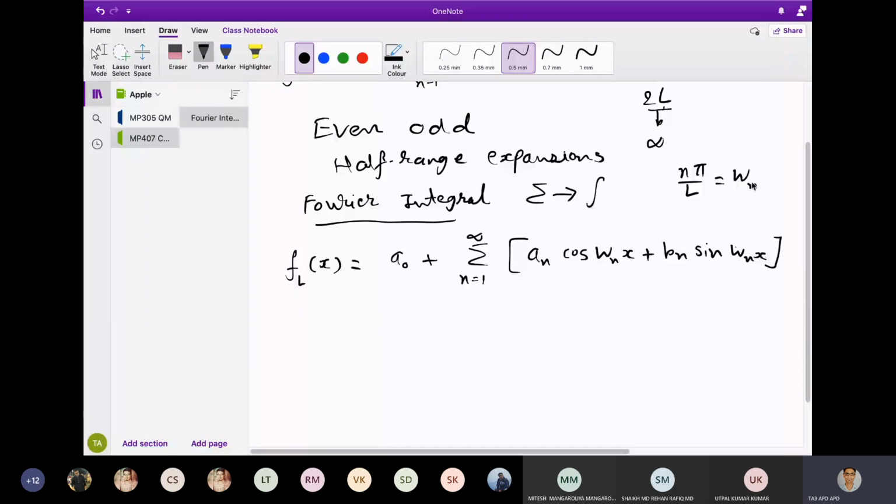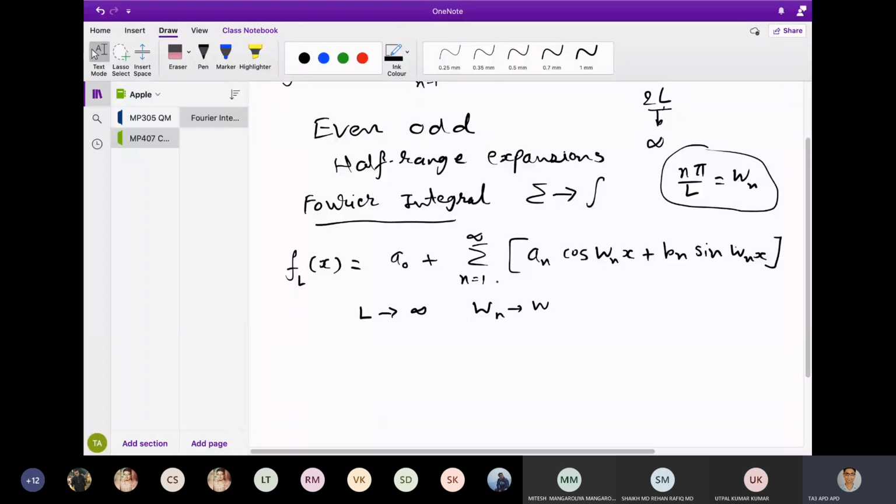Where you have your period, which is n pi by L, defined by this parameter w n. So as you take this L to infinity, w n is not just restricted to the n values like w1, w2, w3, but it will cover the whole range. So w n is ultimately going to turn into a continuous parameter instead of a discrete parameter.